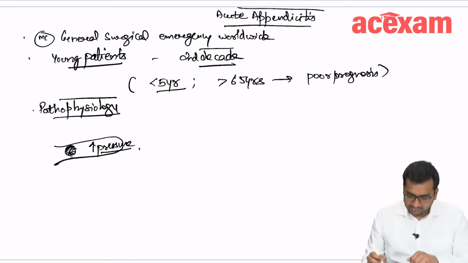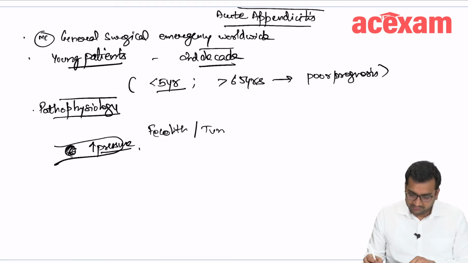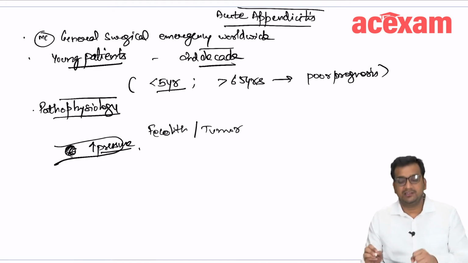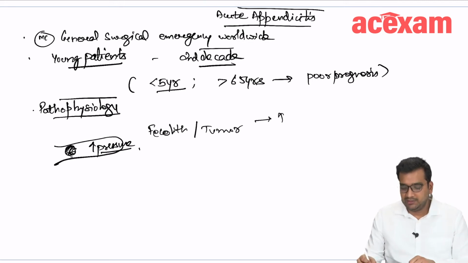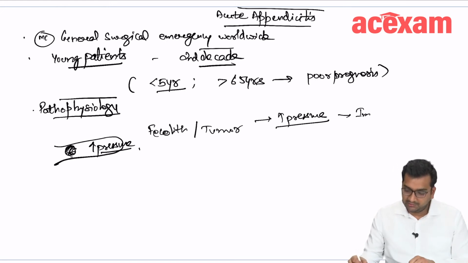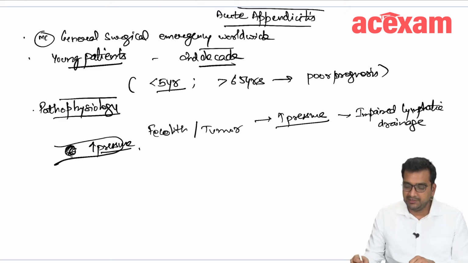Okay, so there will be increased pressure because of this fecolith or some tumor. There will be blockage in the appendix and raised intraluminal pressure, which leads to impaired, initially, impaired lymphatic drainage, which will lead to edema.